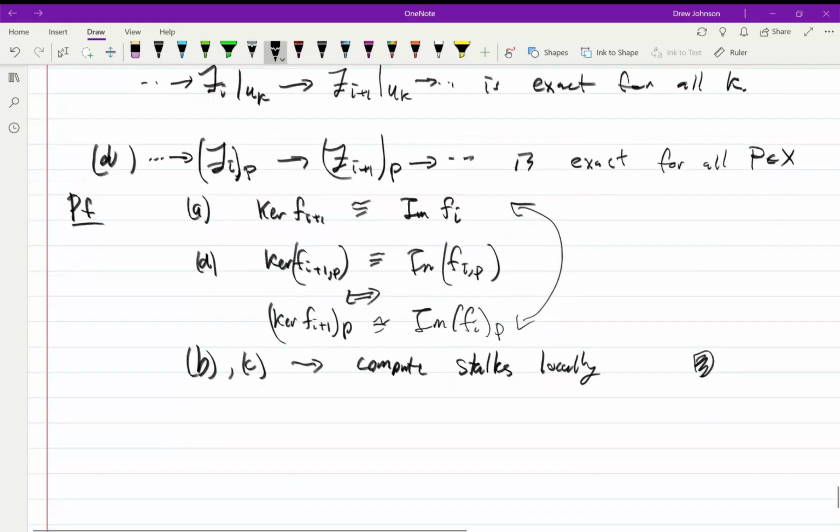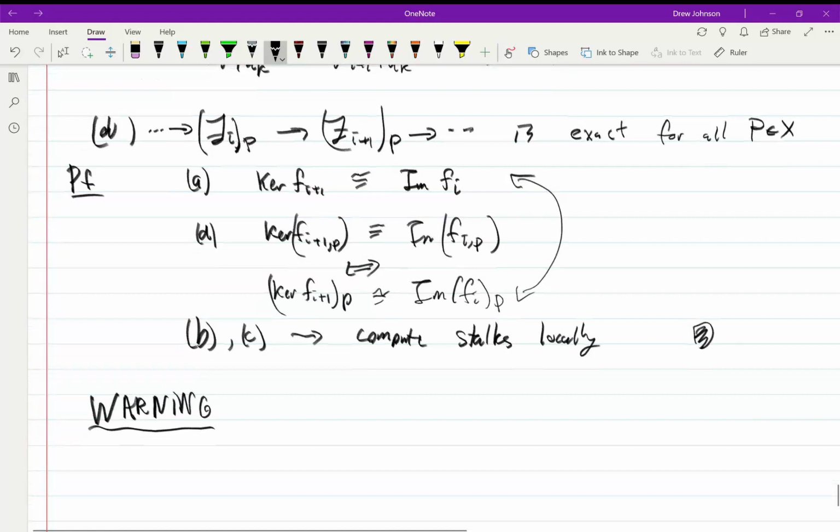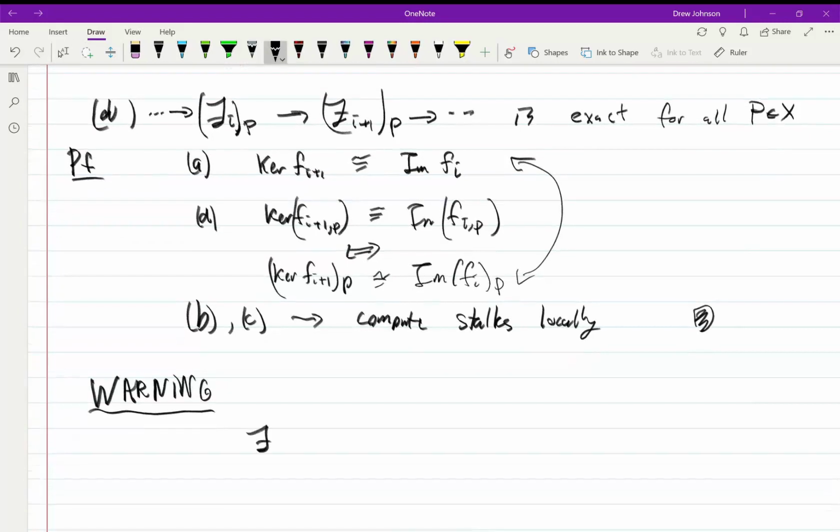Now, here's your warning for the day. It is not true that the sections functor preserves exactness.